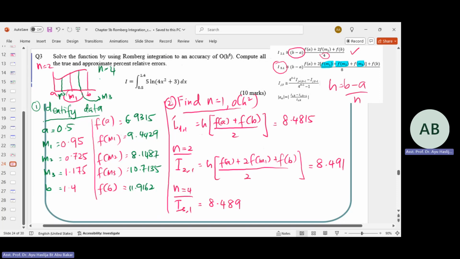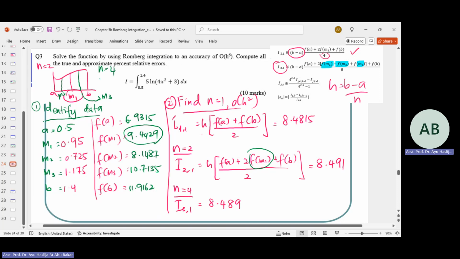So it's up to your understanding how you want to label your data. I21, this one. F, the F value, the function. So FM1 should be this.